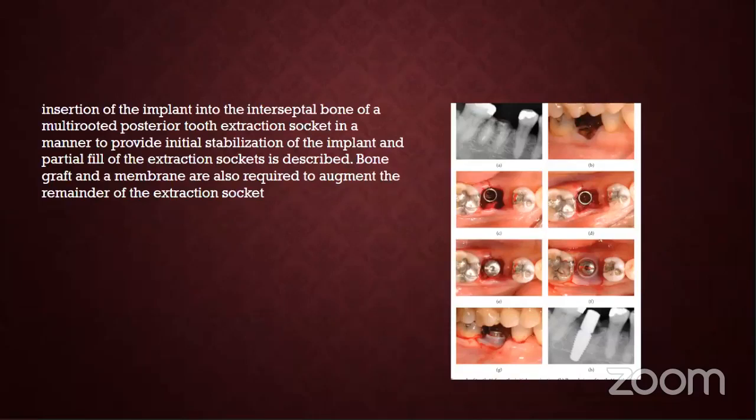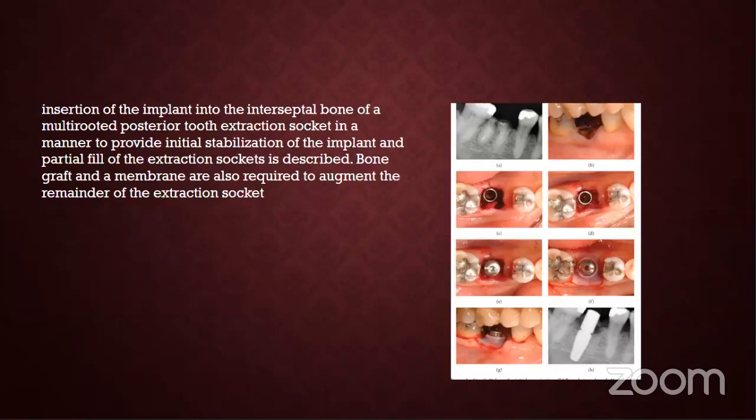Sometimes we decide to insert an implant in the posterior zone. Of course, we know fresh socket or immediate implantation is preferred in the aesthetic zone, but sometimes we decide on insertion in the posterior zone.